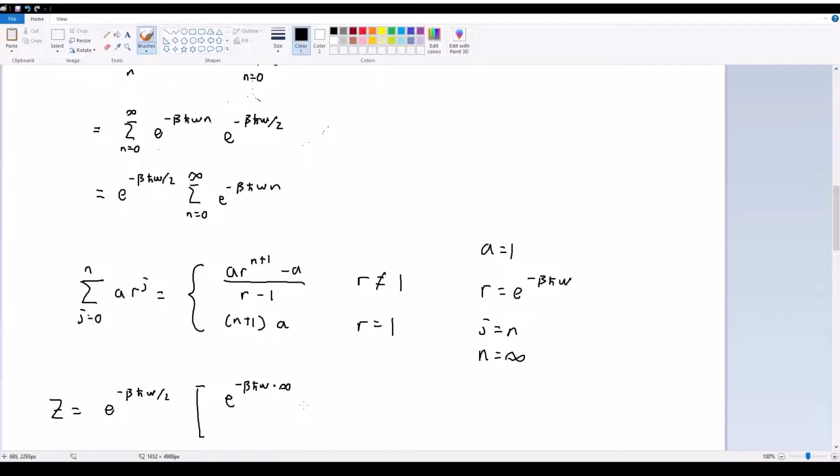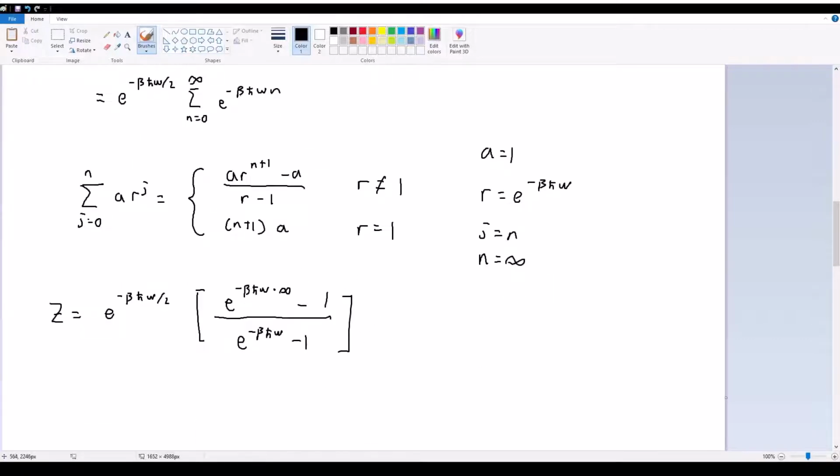And then we're subtracting a, which is going to be 1, and this is divided by r minus 1, so e to the negative beta h bar omega subtracted by 1. And e to the power of negative infinity is just 0, so we have e to the negative beta h bar omega divided by 2, and this is going to get multiplied by, I'm going to change the order, 0 minus 1, or negative 1.